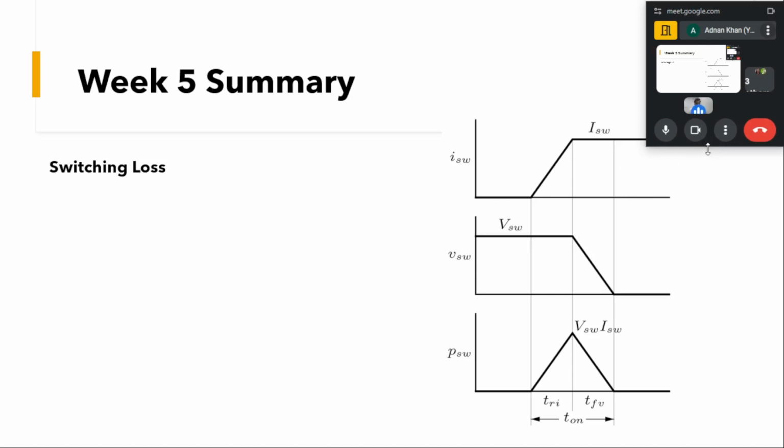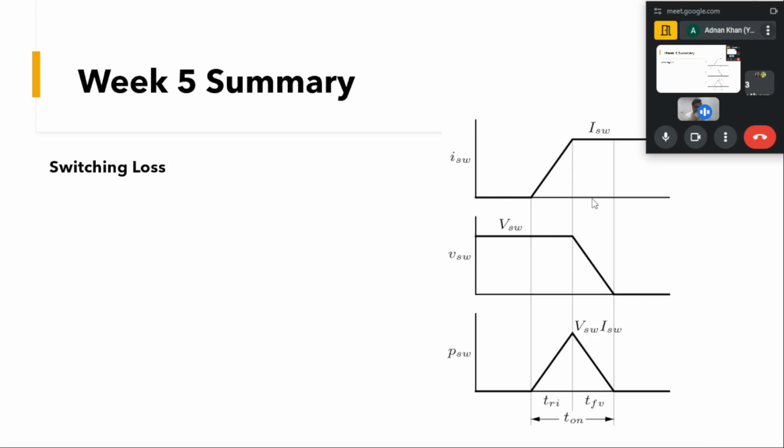When we give VGS voltage beyond the threshold, first the device current rises to the peak, and after that, during the Miller clamp, the voltage falls from the steady-state value to zero.